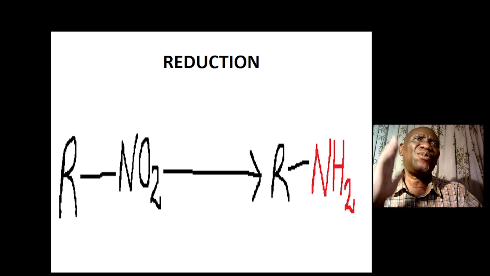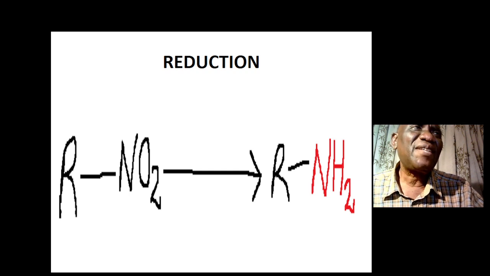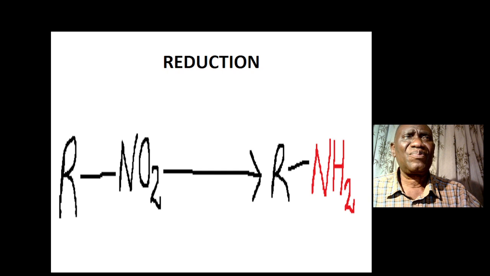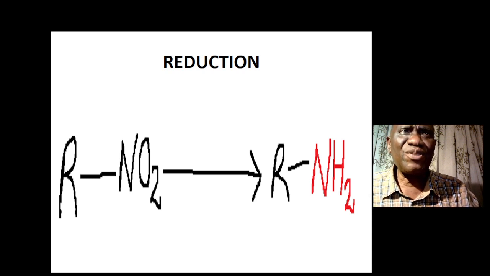Reduction: if you are going to have a reduction, you should have an R with NO2. This is probably nitrate. This can be reduced to NH2.